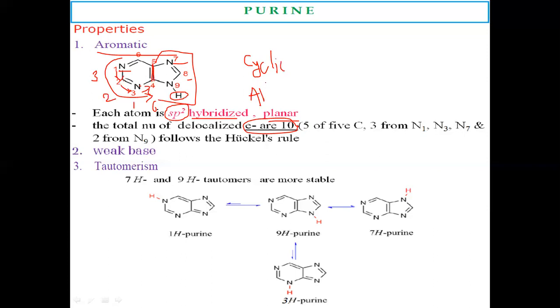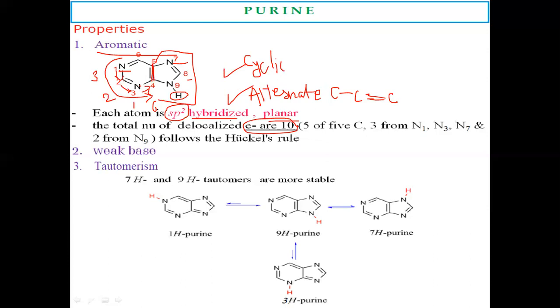The second criterion is alternate single and double bonds. Carbon-carbon single and double bonds should be present in the system. Yes, in purine, alternate single and double bonds are present. It means it obeys both characteristics related to aromaticity.